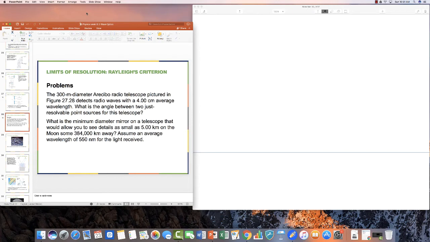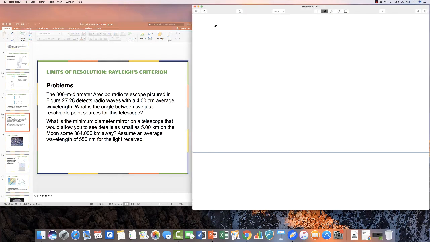First of all, from the book and from my previous discussion, the key formula here is theta equals 1.22 lambda divided by D. Now, this theta is going to come out in radians, and I forgot to mention that when we were talking about it before. So we have to keep in mind that this is going to come out in radians as opposed to degrees.